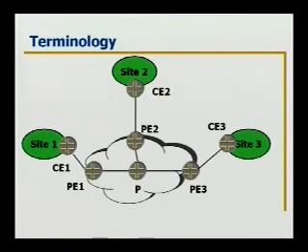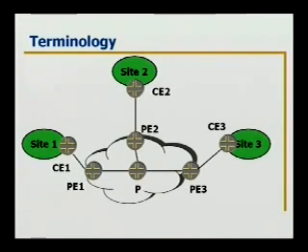So let's take a look at the terminology for this model. We have three customer sites, and on each customer side there is a customer edge router which connects to a router on the provider side. The customer edge router is called the CE router, and the router on the provider edge is called the PE router. All the other routers in the provider's network are called the P routers.